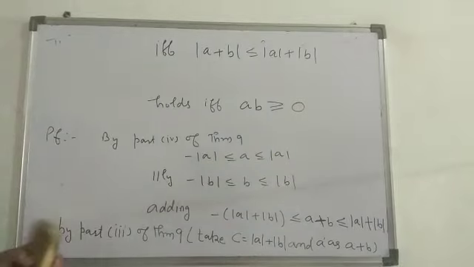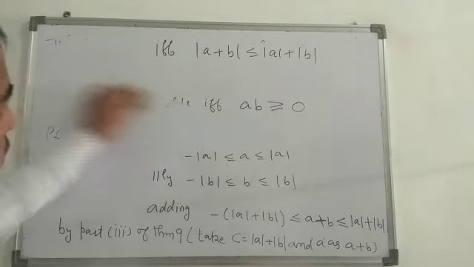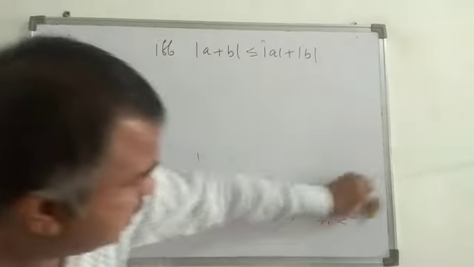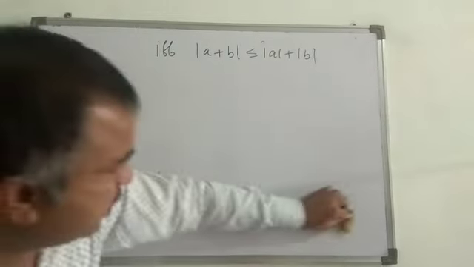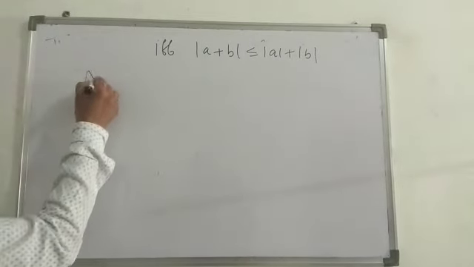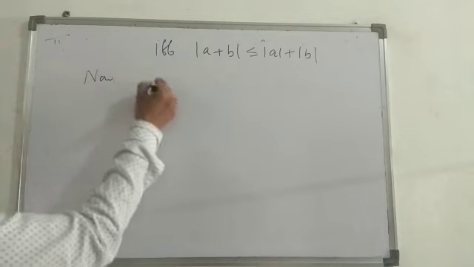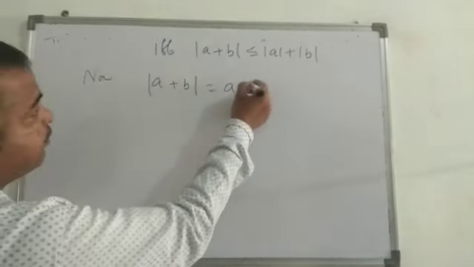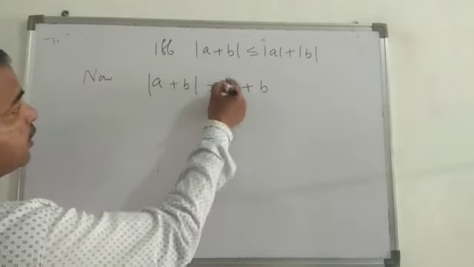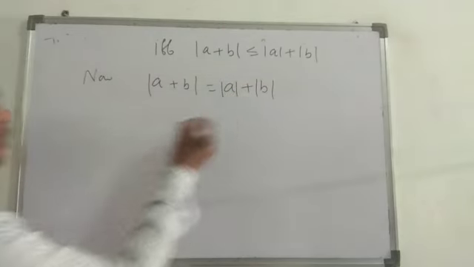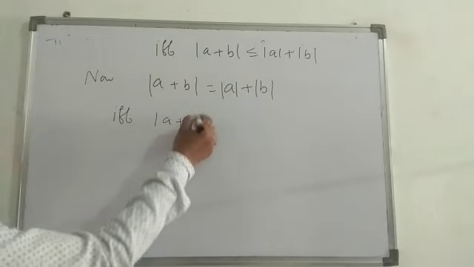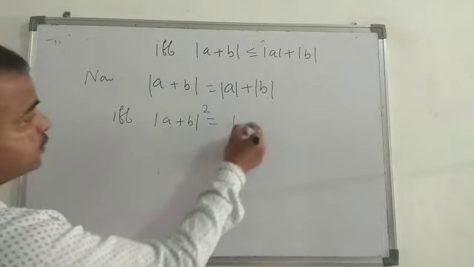Now further, let us suppose equality holds. I think I shall do both parts simultaneously. Let us say |a + b| equals |a| + |b| if and only if, squaring both sides.